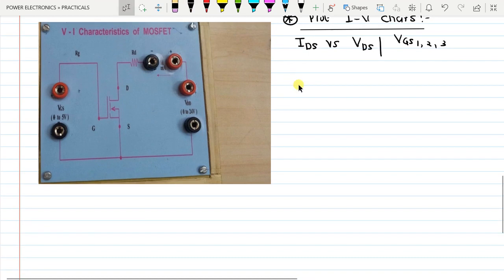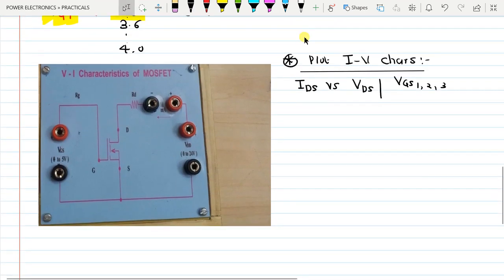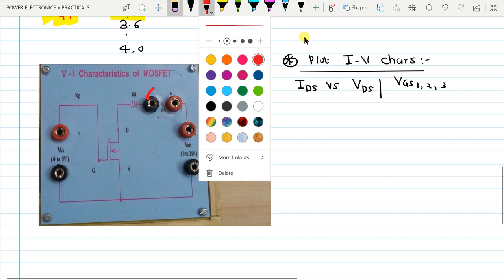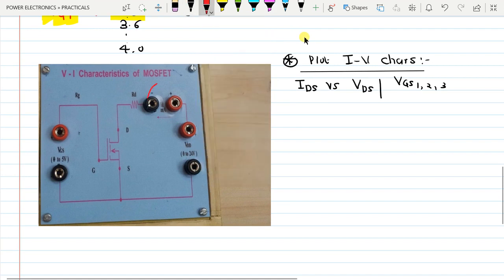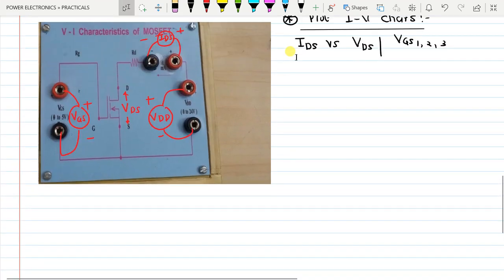What are the steps involved here? The meters remain the same: IDS, VDD plus and minus, and this is my VDS.